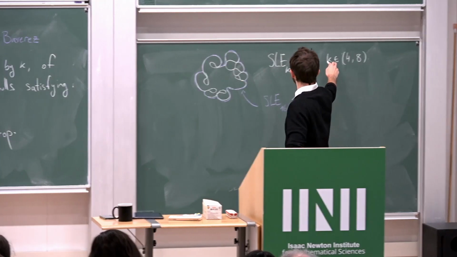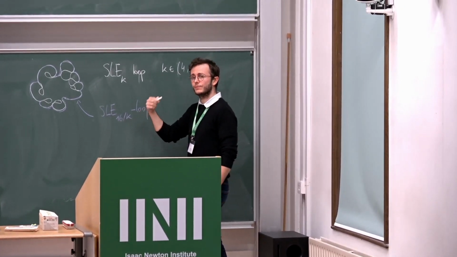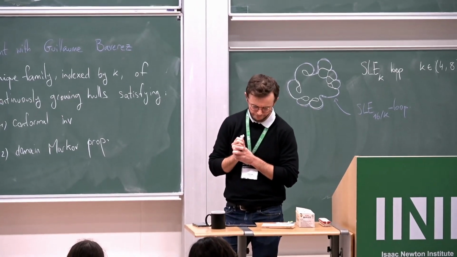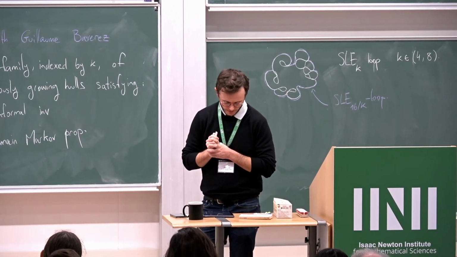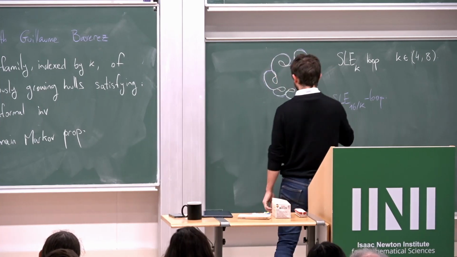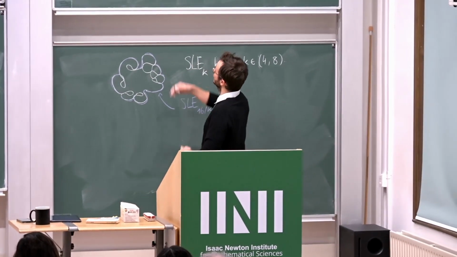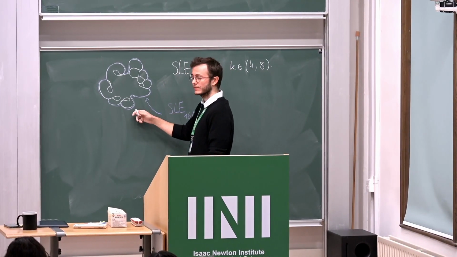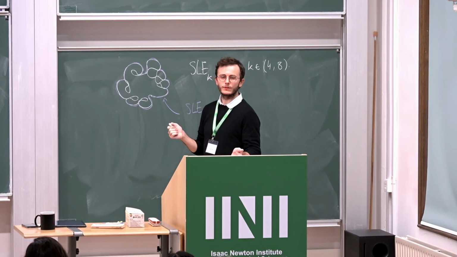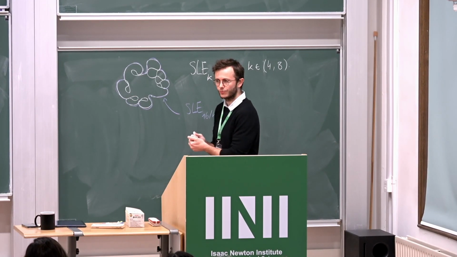I started with kappa between 4 and 8, and 16 over kappa now becomes something between 2 and 4. So from this uniqueness statement, this is just a half page derivation, instead of complicated papers.